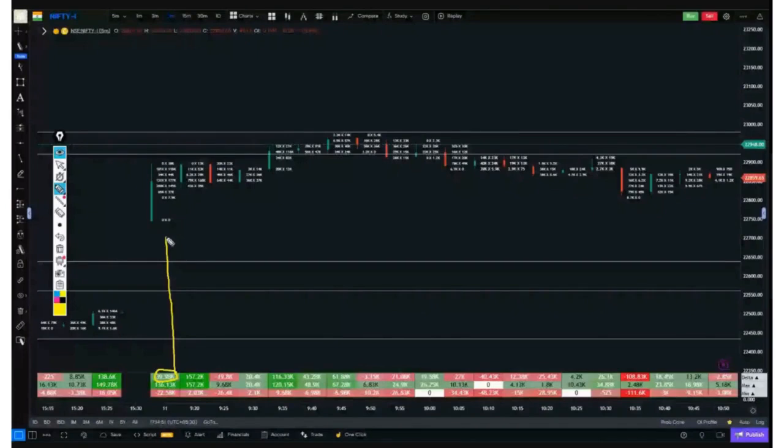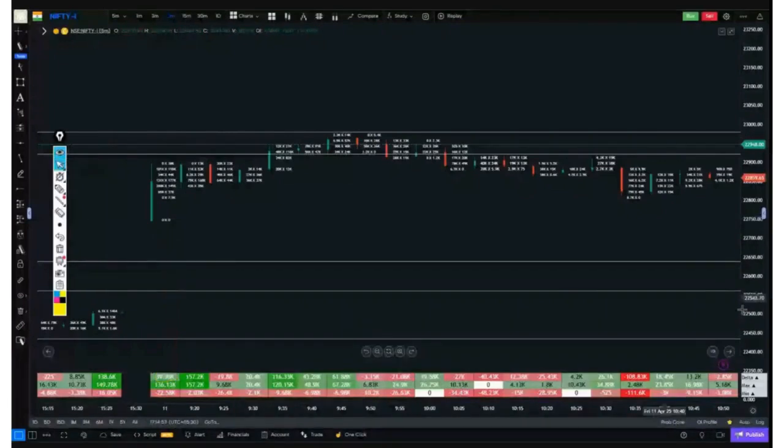Understanding this concept is essential for interpreting market movements accurately. In this specific market, it means that there are more than 40,000 buyers compared to sellers.